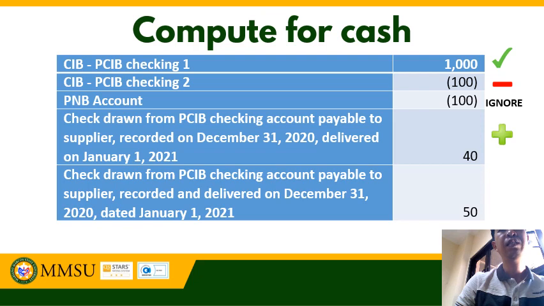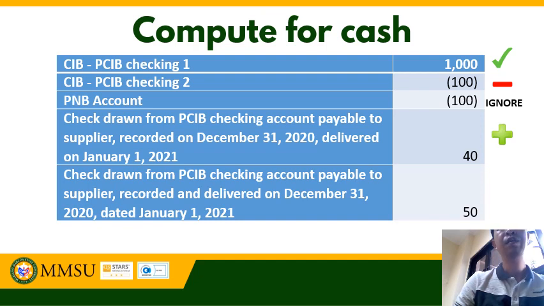So, hindi pa dated, hindi pa pwedeng i-encash. Not yet a cash on their part. Now, this was drawn against your bank account. Ibig sabihin, the entry that was made when this transaction was recorded was a debit to accounts payable and a credit to cash. Okay. Pero dapat ba? As I have said, hindi nga kasi post-dated.